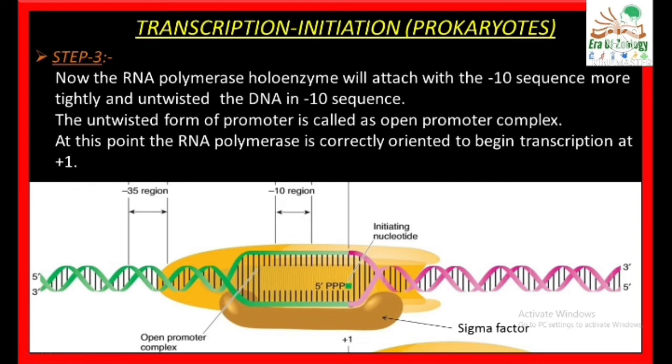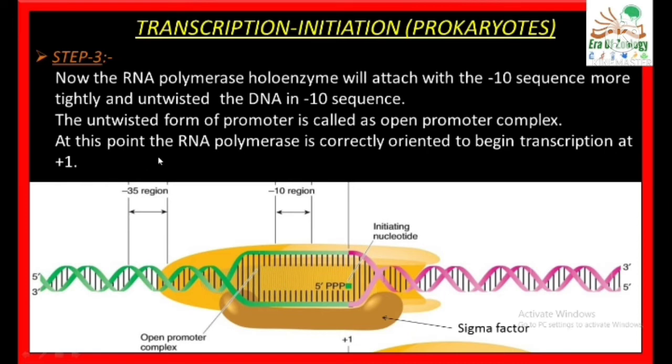That means the DNA double helix at the -10 sequence will open up. The untwisted form of the promoter is called the open promoter complex, because in the -10 region the DNA opens up from the twisted condition.